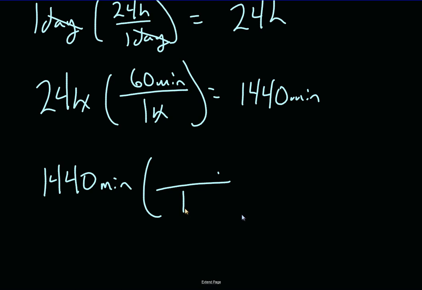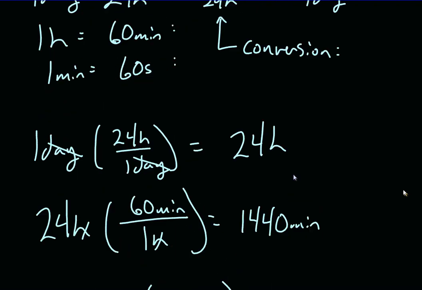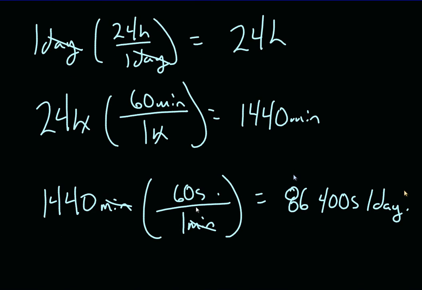And in 1 minute, there are 60 seconds. So 1440 times 60, minutes cancel off, and that works out to be 86,400 seconds in 1 day. So this is essentially the method that we're going to use.